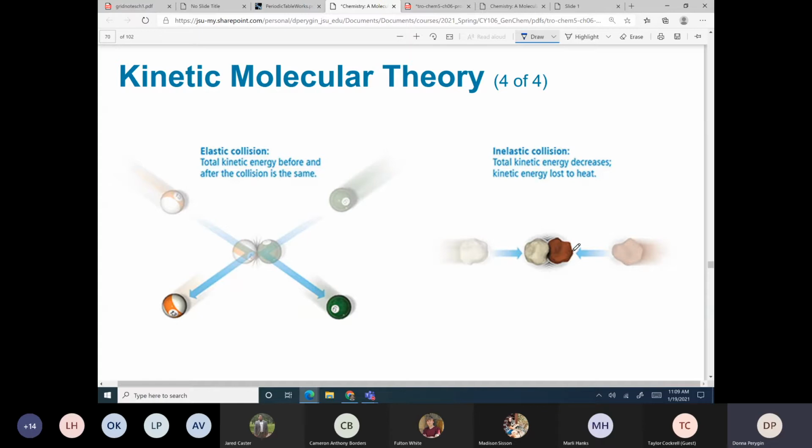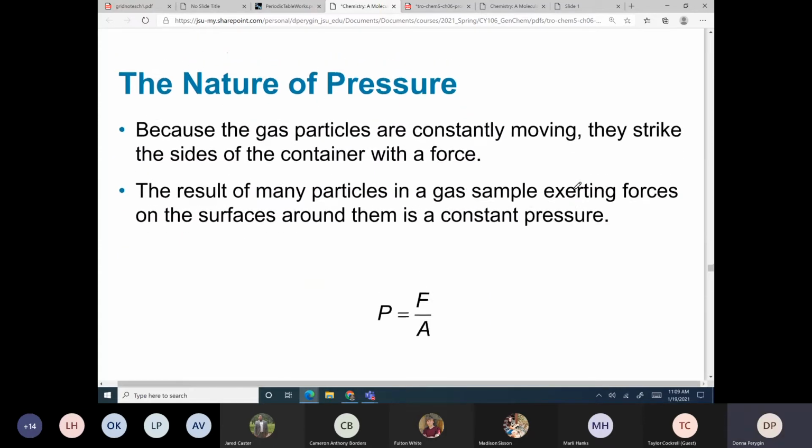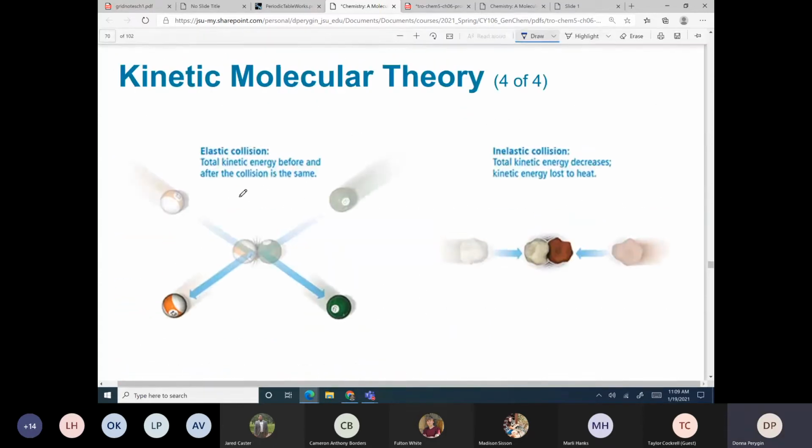Whereas in an inelastic collision, which is what we view on the macro scale, some of the energy is lost due to heat or noise or whatever. We're going to look at some calculations with average kinetic energy in just a little bit.